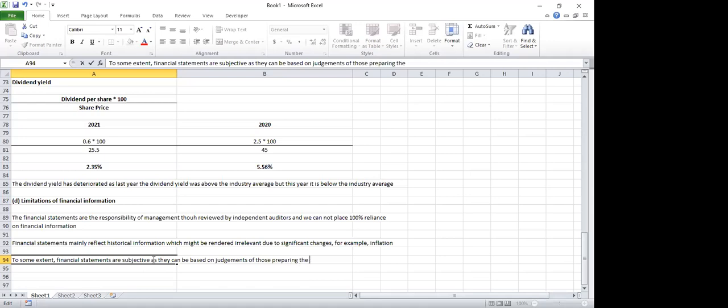For example, management and the accountants determine the accounting policy, the depreciation policy that you're going to use. The allowance for credit losses is subjective for you to determine how much the allowance should be. So all those things will eliminate that confidence in the financial statements.